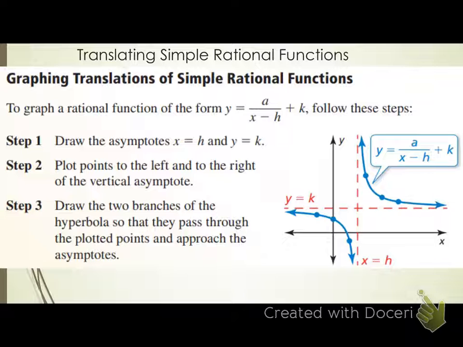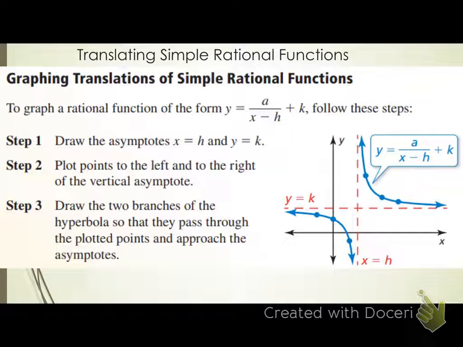So, with graphing, every time we've talked about graphing in Algebra 2 this year, we've talked about transformations of those graphs as well. Same thing here. We have transformations of our rational functions. So graphing translations of simple rational functions, which if you remember, the translations, we were adding or subtracting inside grouping symbols or adding or subtracting outside grouping symbols and all the other ones. Same thing here.